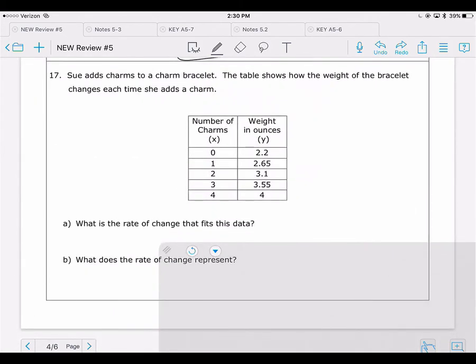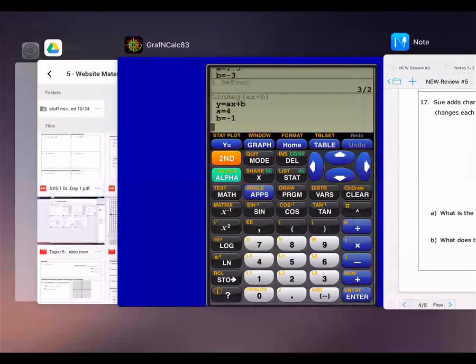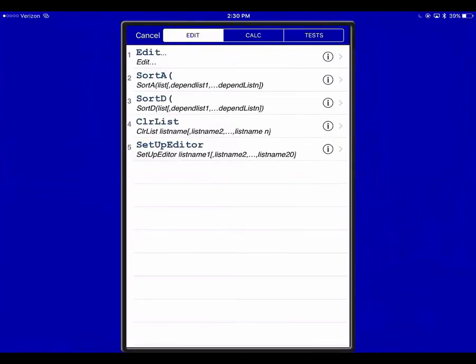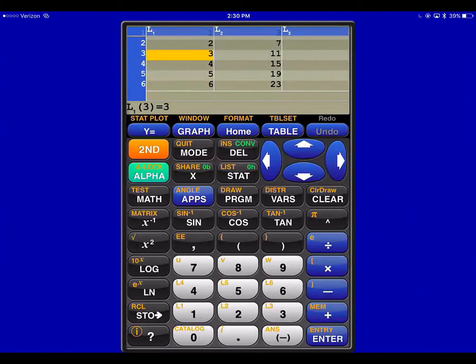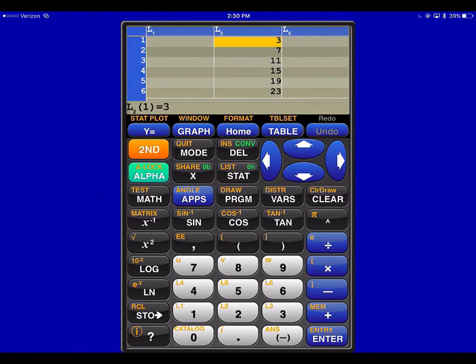17, we have charms being added to a bracelet. The table shows how the weight of the bracelet changes every time they add a charm. What is the rate of change? So again, I have a table. I'm going to put it in stat edit. So I go stat, enter. For this one, I'm going to clear out my list. Remember, we want to clear out what's in there, not delete it.